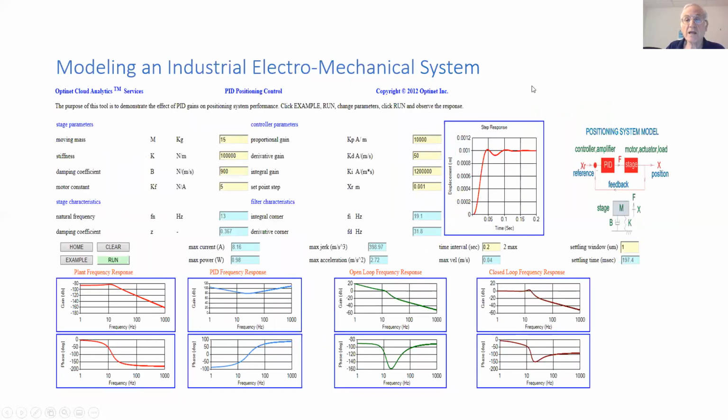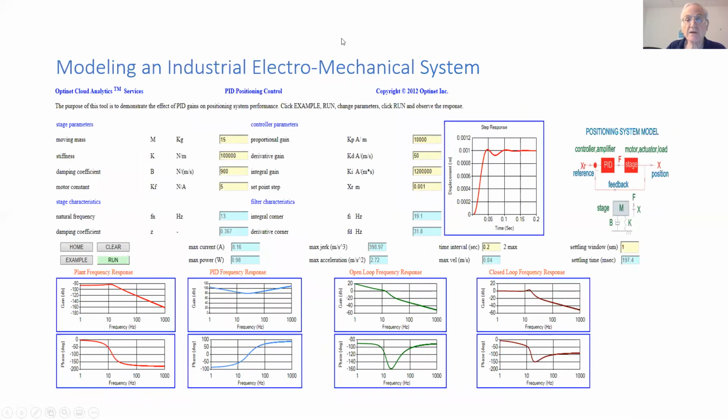So when we add it all up, we could design a sizing tool for a system that does an analysis and simulation of an electromechanical system. What we see here is a system that includes a controller with a set of PID parameters, a stage with a set of mass, spring and damper parameters.